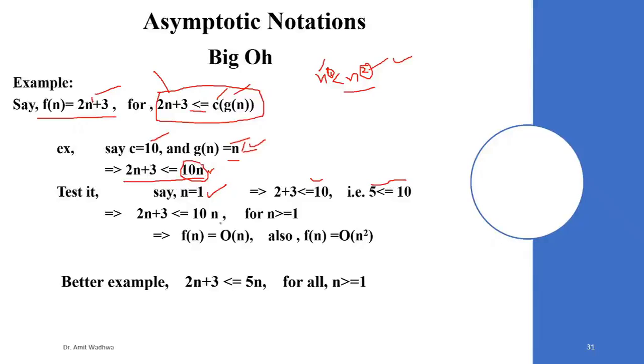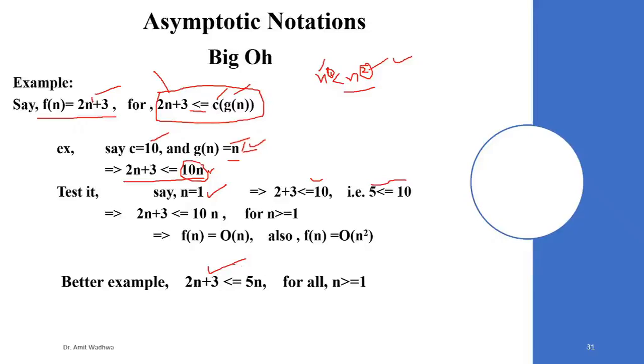But I can figure out some other values also, because this 10 I have taken randomly. This n I have taken based on the logic that they should be of the same order, but this 10 I have taken randomly. Suppose I take some value less than that, and c should always be greater than 0, so it should be a positive number.